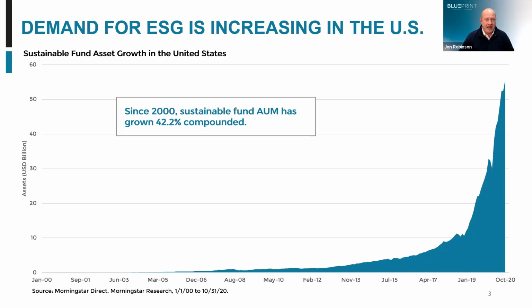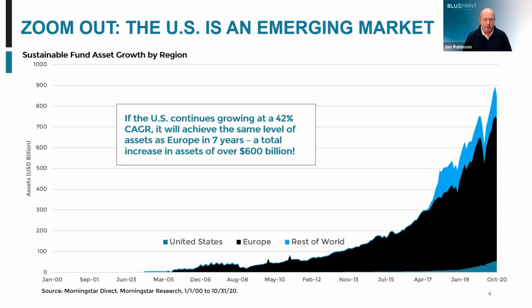Now, with that said, it's always valuable to look at things on an absolute basis and a relative basis. So this is the absolute growth in the US. And this is the relative growth of the US compared to the rest of the world. While the US is right now at 55 billion in sustainable fund assets, Europe is approximately 650 billion ahead of the US.